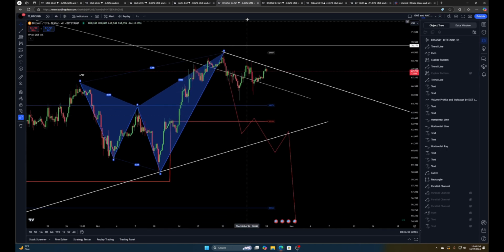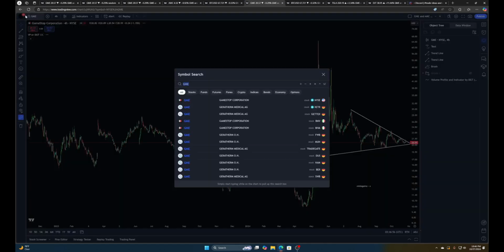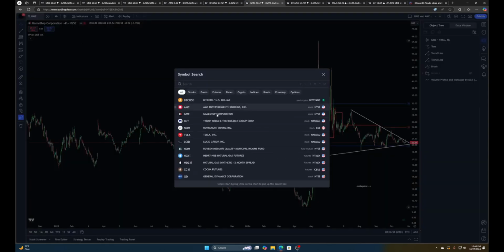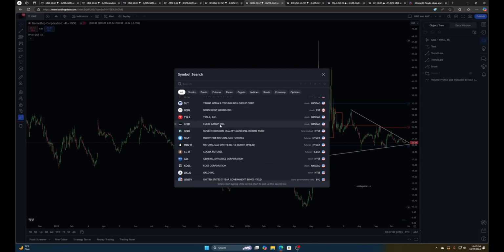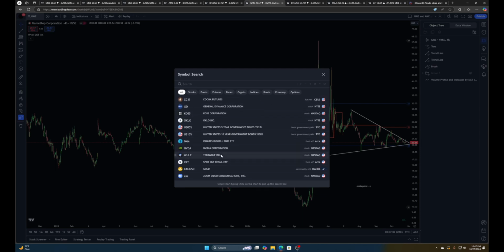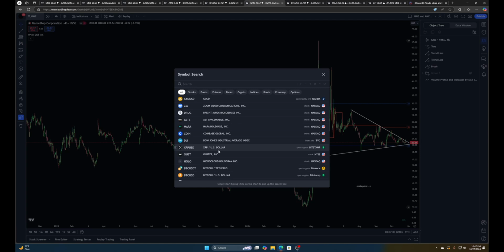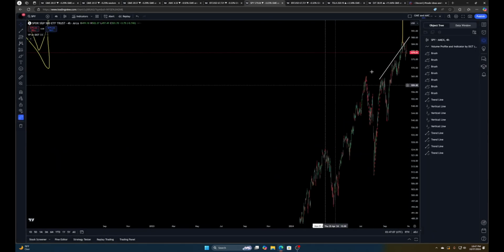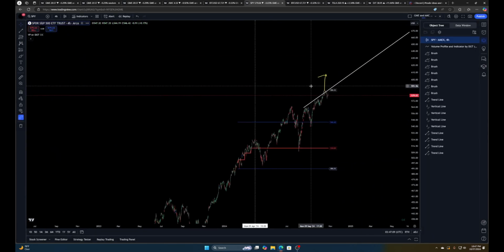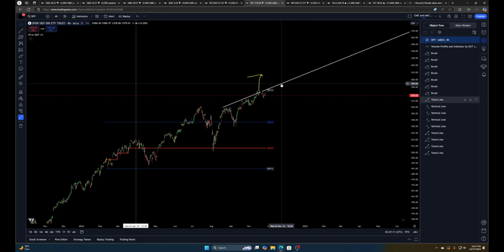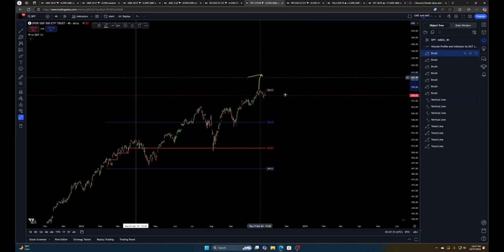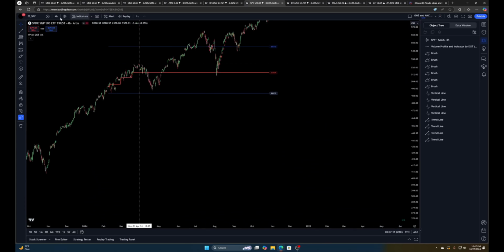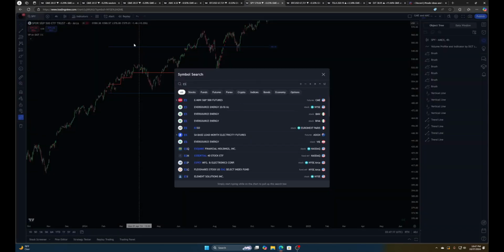See, the thing is that if we go ahead and look at SPY, at the S&P 500, okay, where's SPY? This thing is going absolutely crazy. We had a little pullback here. Actually, we can go ahead and look at SPY futures.